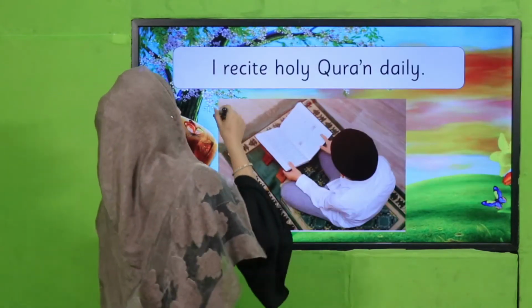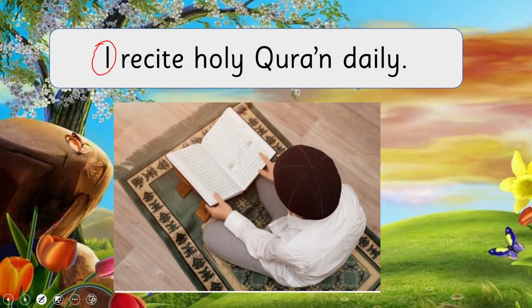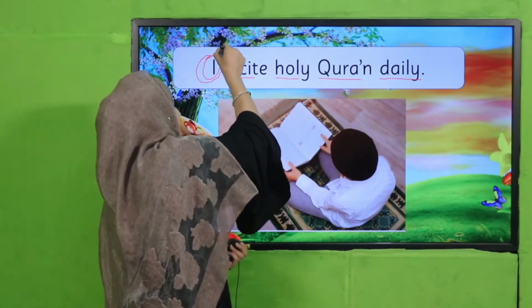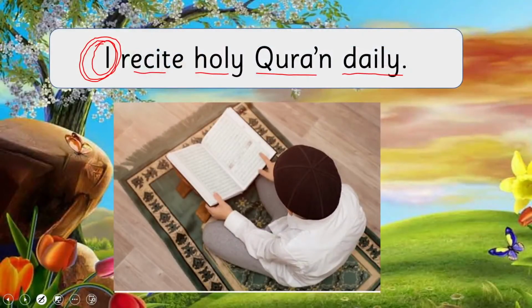Let's see this example: I recite Holy Quran daily. Alhamdulillah, that we are Muslim, that we are reciting Holy Quran daily. So this I is subject and it is performing action.